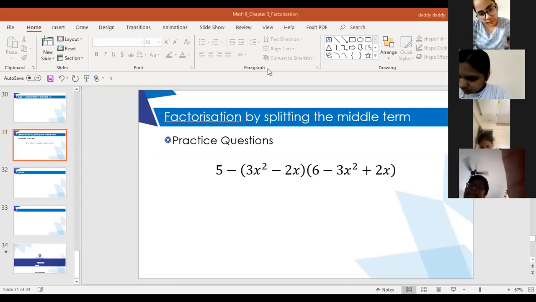Ma'am, we have to multiply the minus sign. Yes, if you put the minus sign in the second bracket, it will become minus. So do it that way.